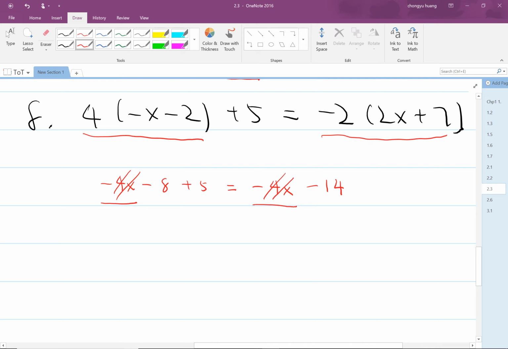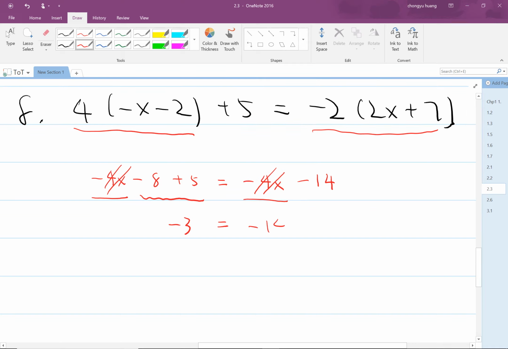So what is left on the left hand side is negative 8 plus 5, so it is negative 3, equal to negative 14.